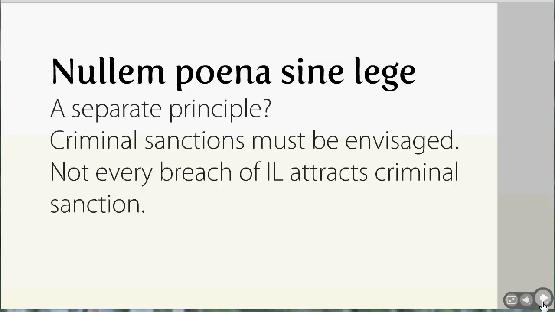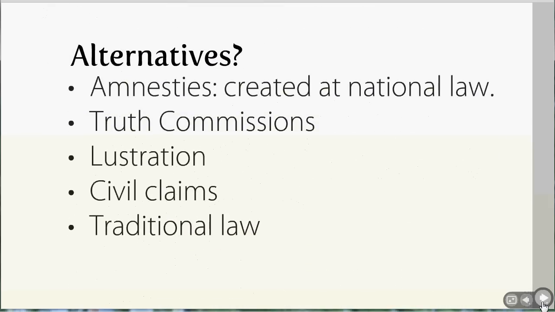And stepping back, we also need to think about alternatives. Is international criminal law always the best solution or response to a situation of mass atrocities? We can consider other possibilities, such as amnesties, often used by states as part of a peace process or under the rhetoric of allowing everyone to put a period behind them and move on.